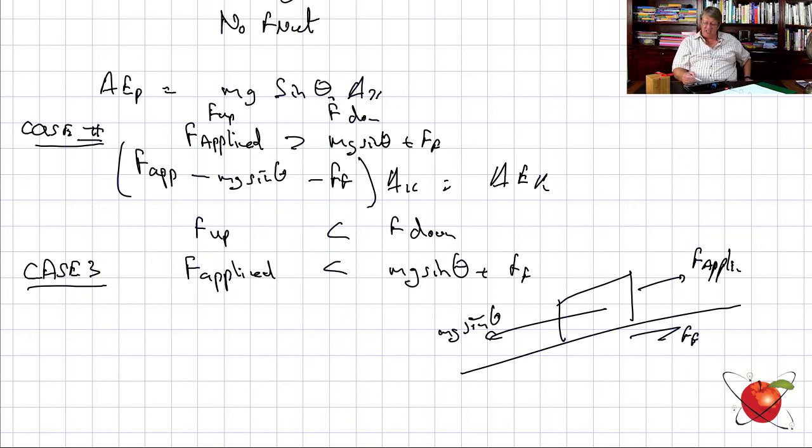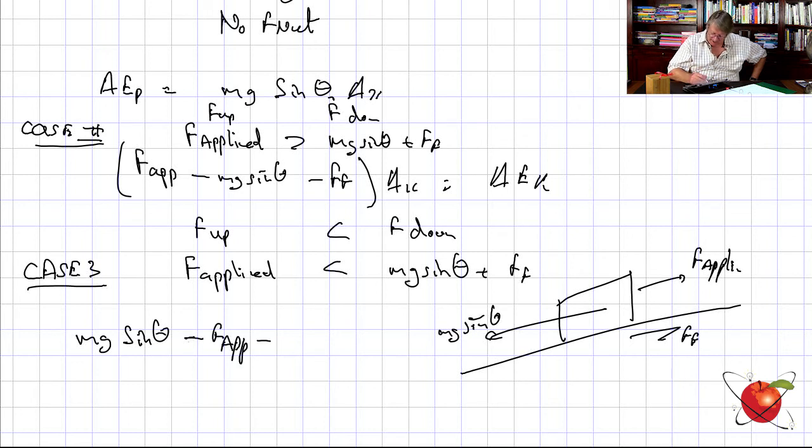Now, if this is bigger than that and that, my FF might turn. If mg sine theta is still bigger, it then means that my F net is going to be mg sine theta minus F applied minus FF, times delta x, must be equal to delta EK.